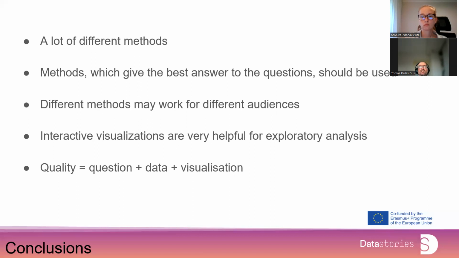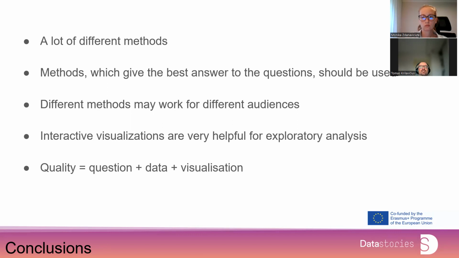And overall, if we look at data visualization and we want to achieve good quality, there are three very important factors. The first one is the question. If you want to visualize something, probably you want to see something or show something. So that is your question. Then, of course, you have your data, and data is very important as well. If your data has a lot of errors or is very messy, then the answers could be wrong or messy as well, and it could be useless.